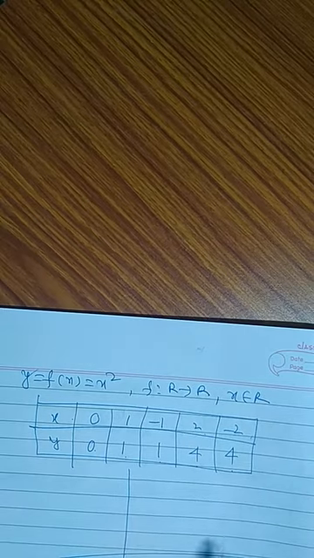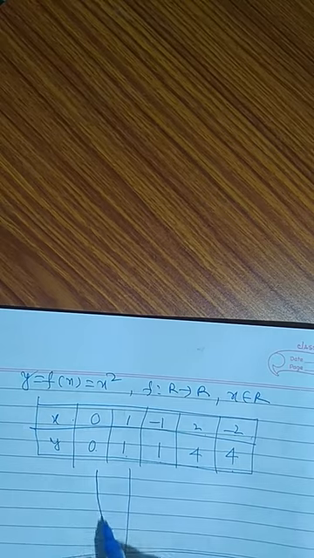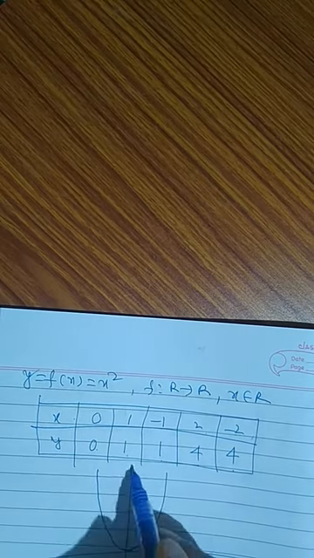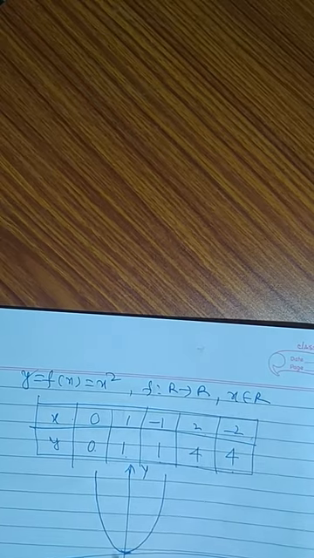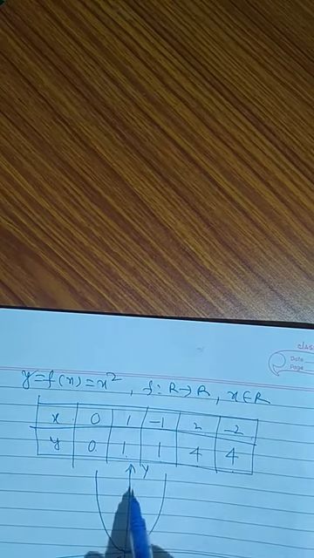So if you plot the points, then you will get a graph of a parabola whose vertex is at the origin, okay, like this. This is 0, and you will get the points like this.